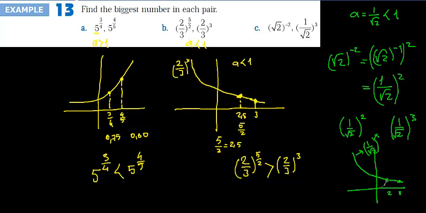Which value is bigger? As you see, it is decreasing and continues to decrease, and the value at x equal to 2 is greater than at x equal to 3. So this one is greater than that one. Here, this is greater. Here, this one is greater again. And here, this one is smaller. The first one is smaller.